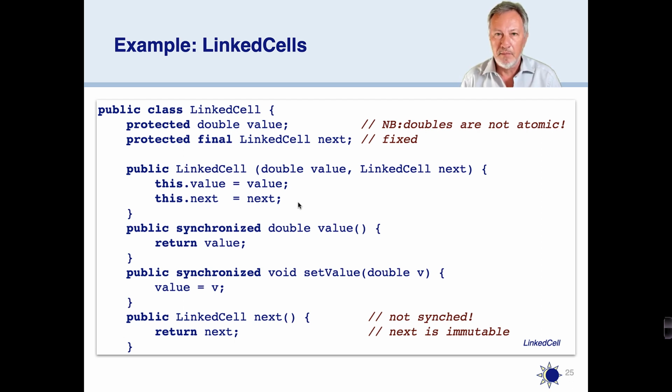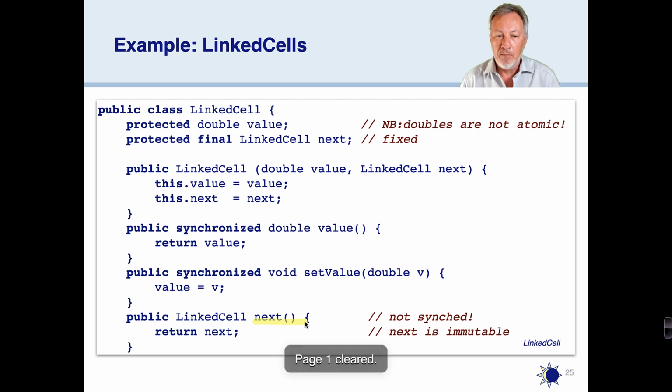And here we have some of the public methods. First of all, we have the getter. The getter is synchronized. It needs to be synchronized because accesses to doubles are not guaranteed to be atomic. Then we have an updater, a setter, which also needs to be synchronized.